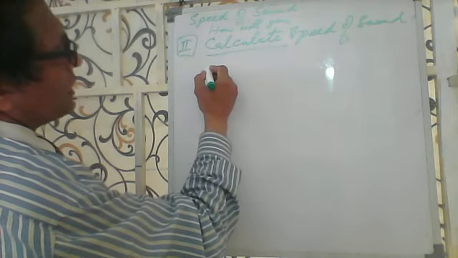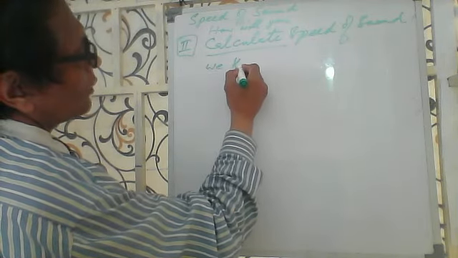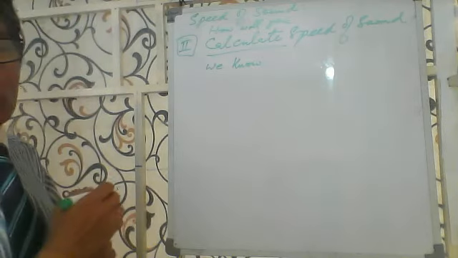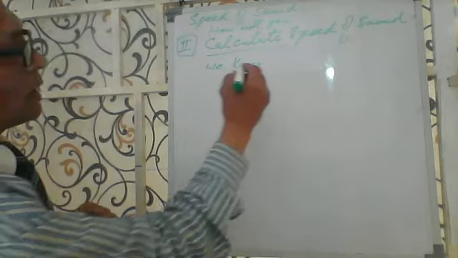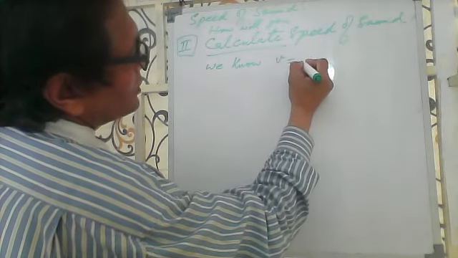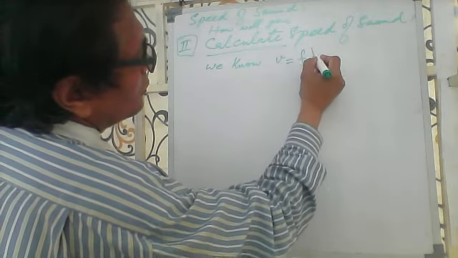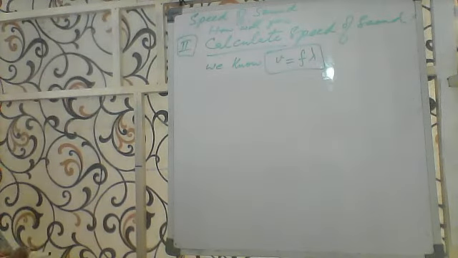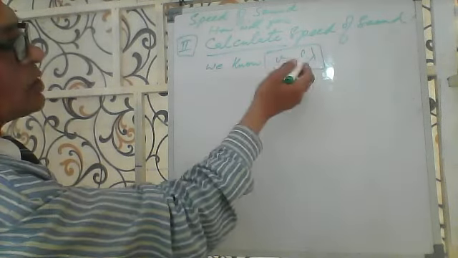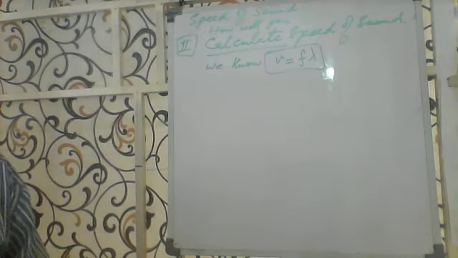How? We will say we know. What we know? We know in the chapter of water waves that velocity is always equal to product of frequency and wavelength. So here we will use this formula to calculate the speed of sound.